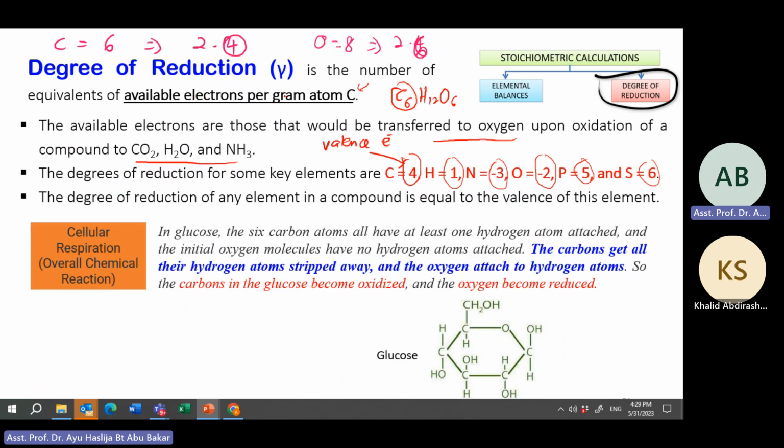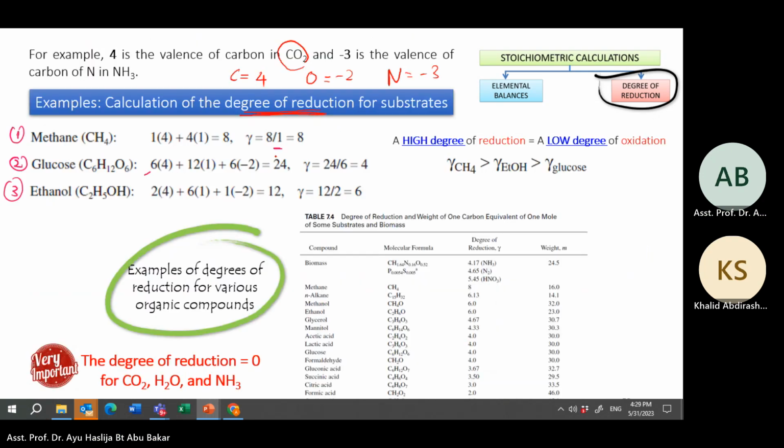Available electrons per gram atom C. This is the available electron per carbon. Okay, per carbon.